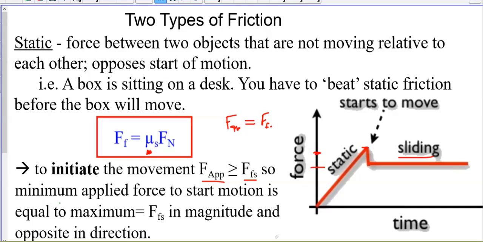If your force of static friction is 5 newtons, then your applied force has to be 5 newtons plus 0.00000000 something slightly larger, and it will start to move. So we more or less just make these two equal and say it'll begin to move once your applied force is equal to your force of static friction. Therefore, the more generic global equation is, in order to initiate movement, your applied force has to be greater than or equal to your force of static friction. And then it'll definitely start to move.